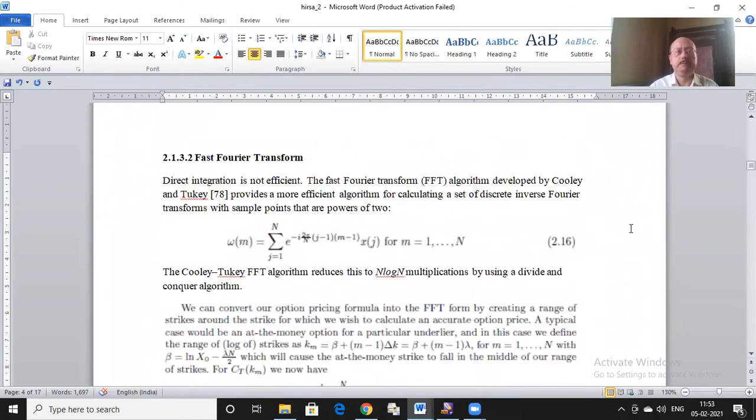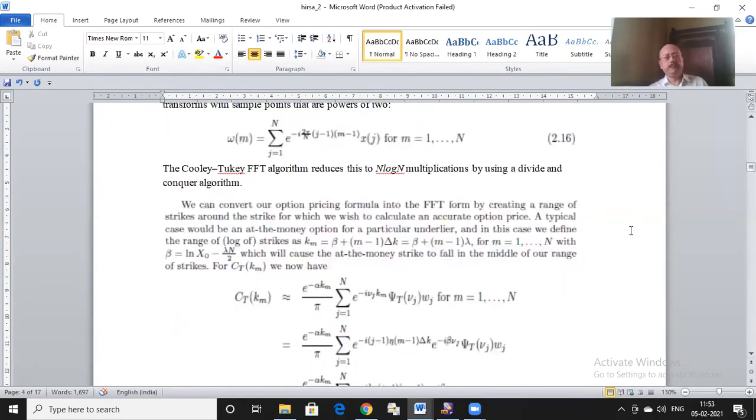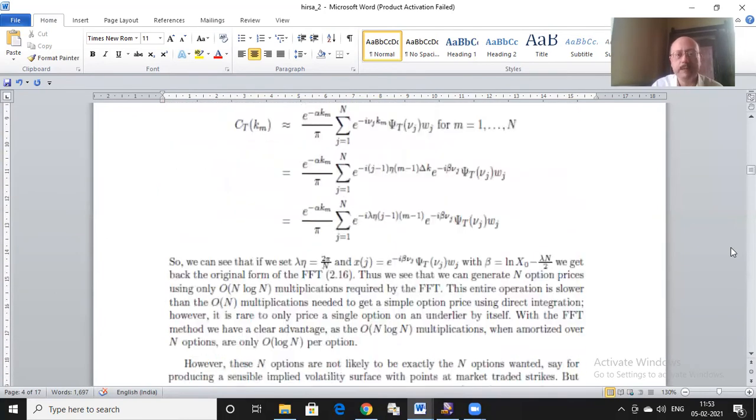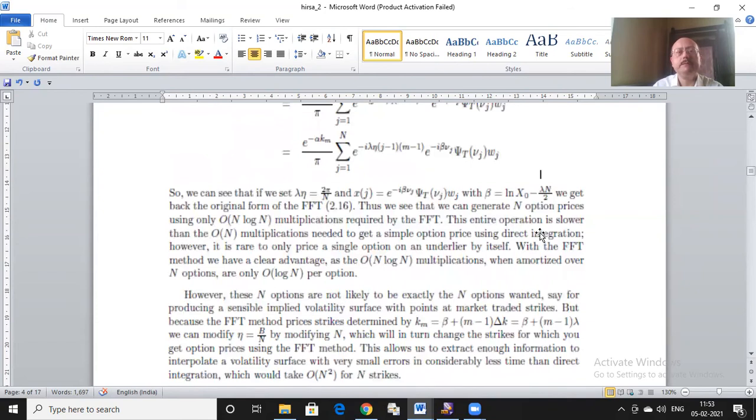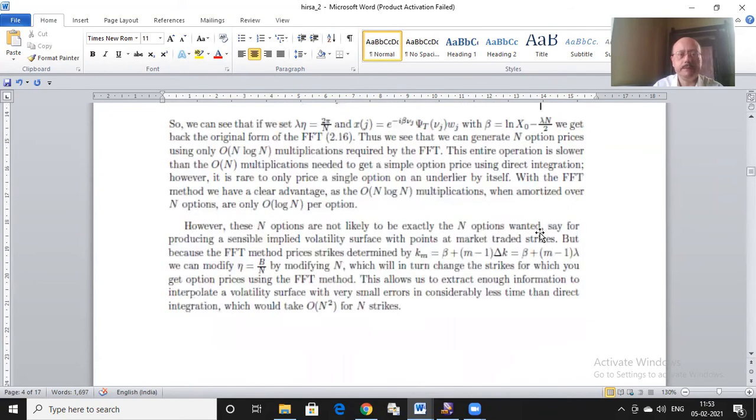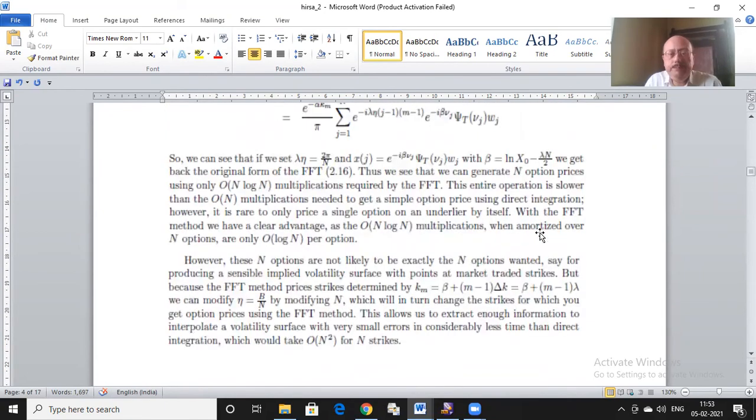So this first Fourier transform is where we are at. We are able to generate option prices. But this is an ideal scenario. A word of caution: these n options are not likely to be exactly the n that we want.